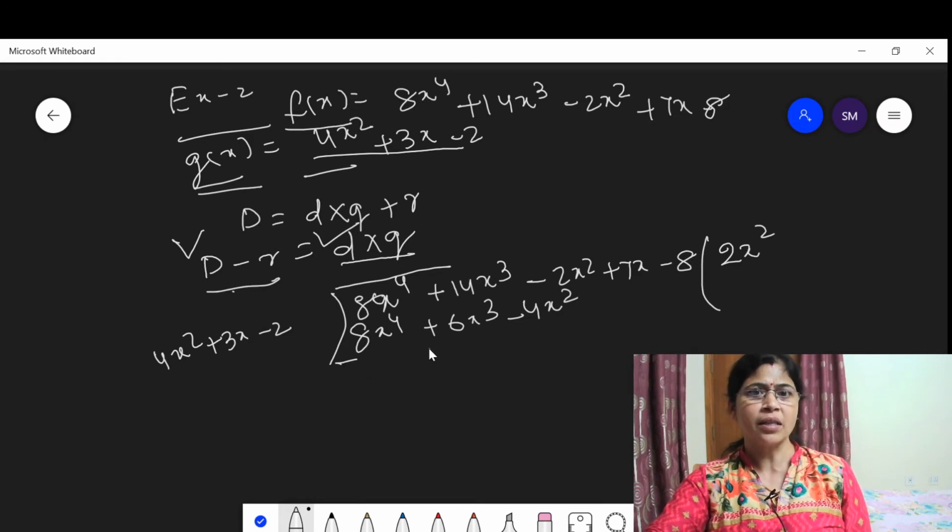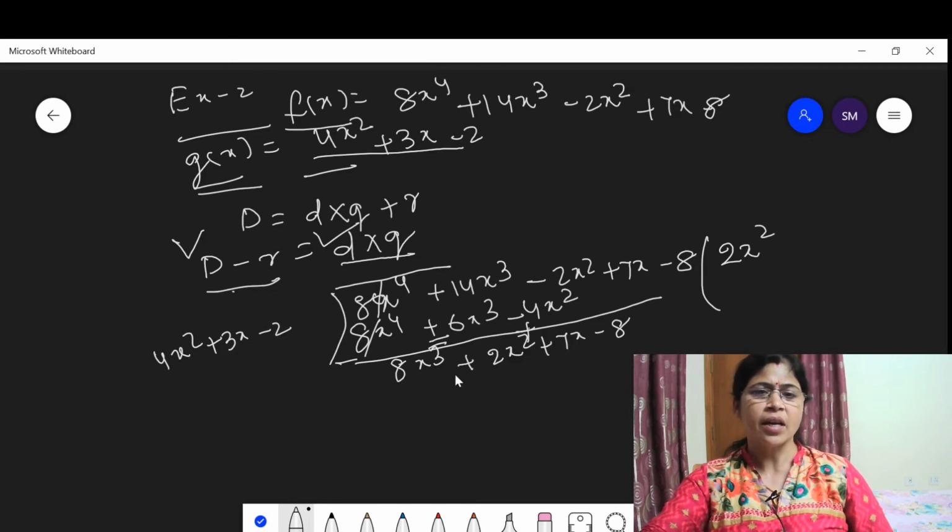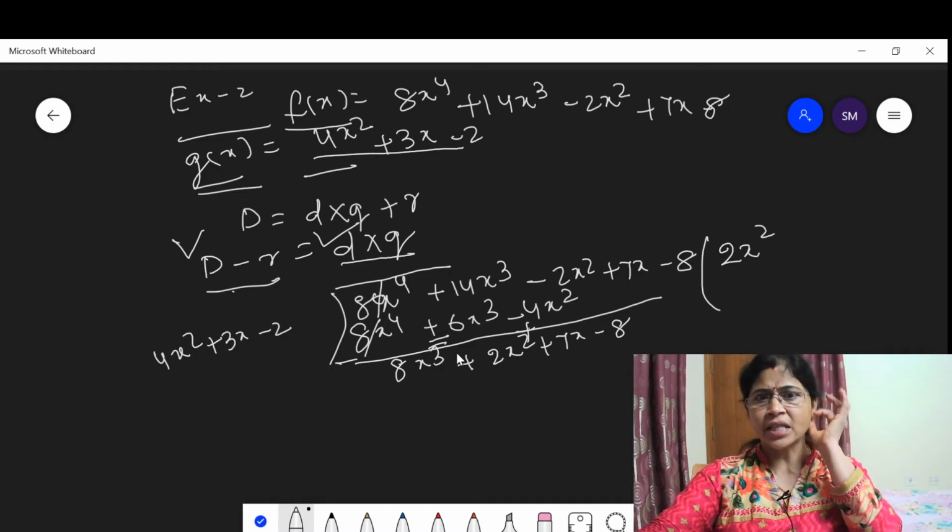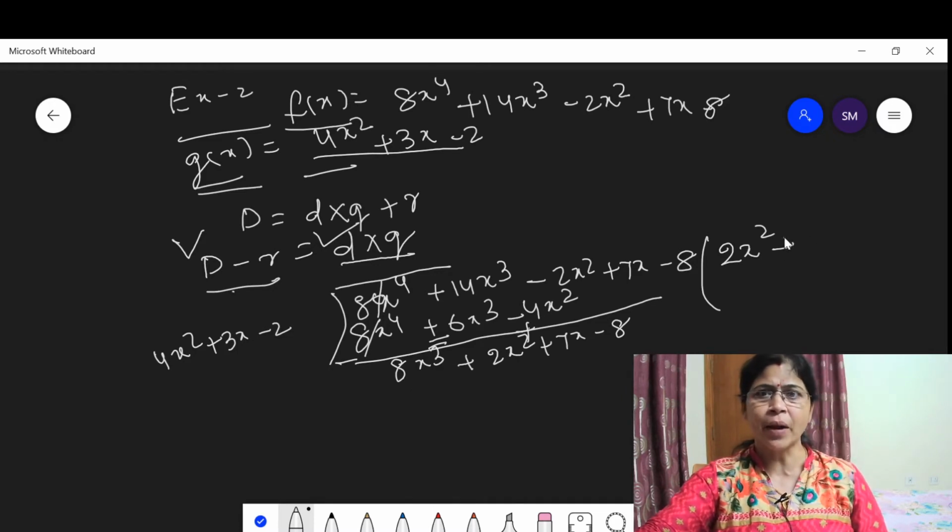Then subtract, this plus this cancel. 14x cube minus 6x cube means 8x cube, and plus 4x square minus 2x square means plus 2x square, plus 7x minus 8.